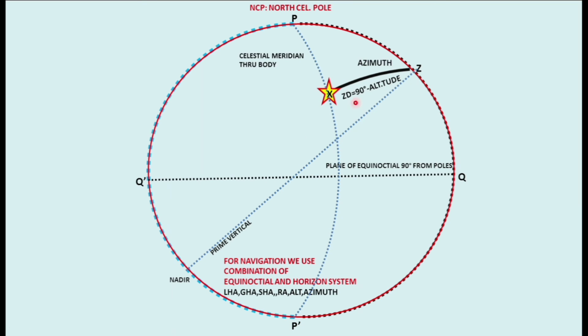And this is the celestial meridian passing through the celestial body, and the angle at the pole between the observer's meridian and the meridian passing through the body, measured westward, is called the LHA. Q to Z is the latitude. So P to Z would be 90 minus latitude.